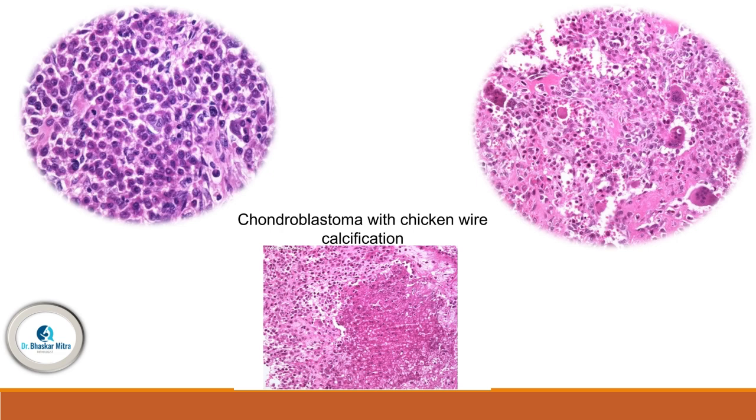Here a well demarcated individual chondroblast can be seen. As we say, these are the chondroblasts, not the chondrocytes. So they are not present in the lacunae, they are present in good numbers, and there are chondroid areas. Previously in enchondroma we were seeing chondrocytes, and these are the chondroblasts.